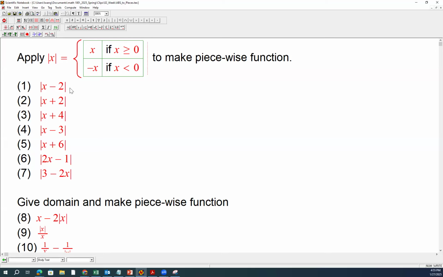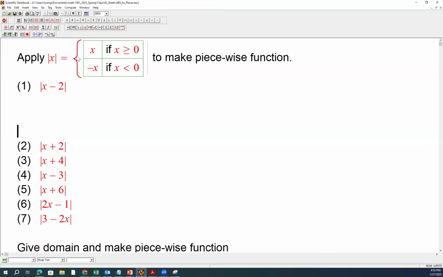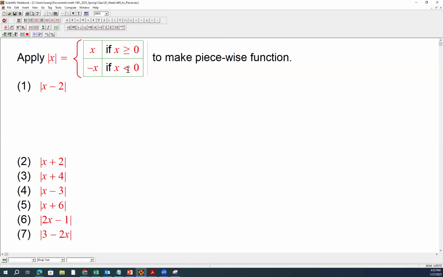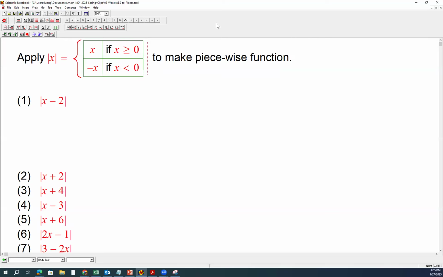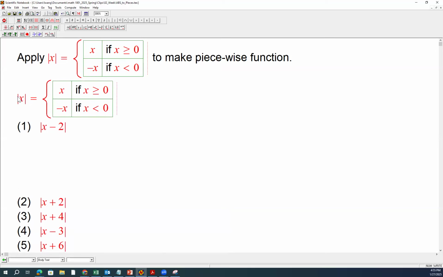So for the absolute value of x minus 2, how do we create two pieces? There are two ways to do it, right? Because you can see this whole thing could be a different symbol, okay? Omega, for example.